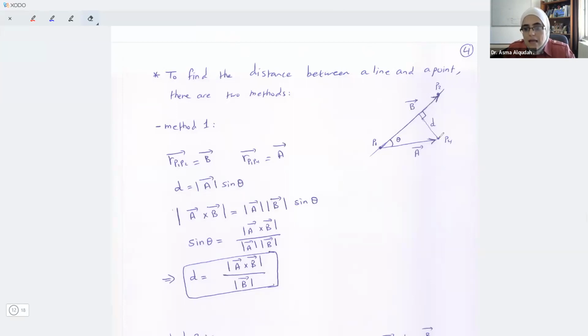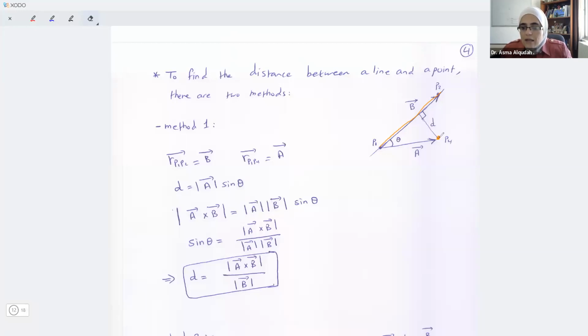The first thing is that, let's say this is the point, and this is the line we want to consider, and the distance between the point and the line is, when we mention the distance, we always mean the shortest distance, which is the perpendicular distance from the point to the line.